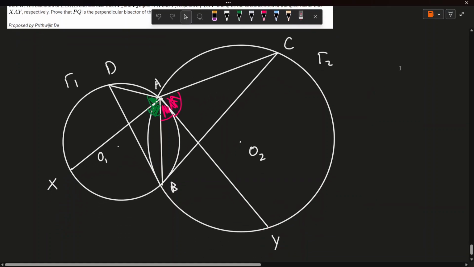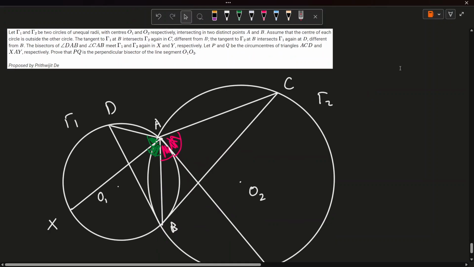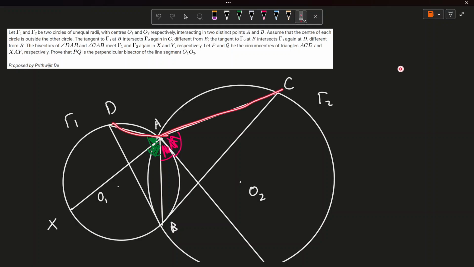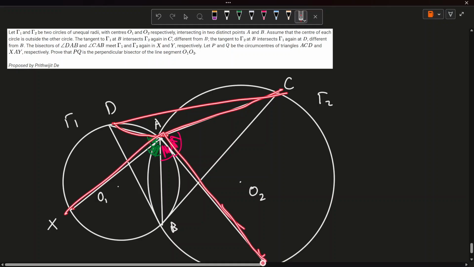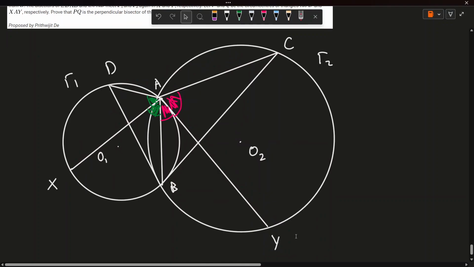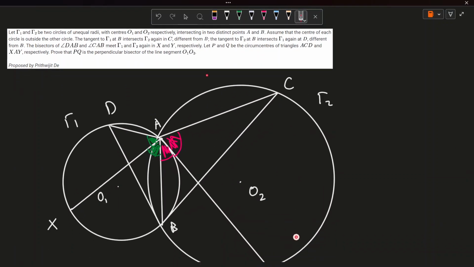Okay, then it says that let P and Q be the circumcenters of triangle ACD and XAY. So ACD is this triangle, so we need to find its circumcircle, and also XAY, so this big triangle. Okay, and we have to prove that if we join the circumcenters, so suppose one of them is here, one of them is here, this whole line is perpendicular to O1 O2.